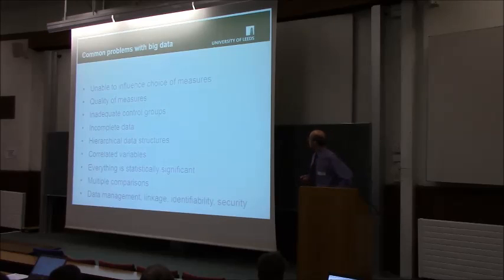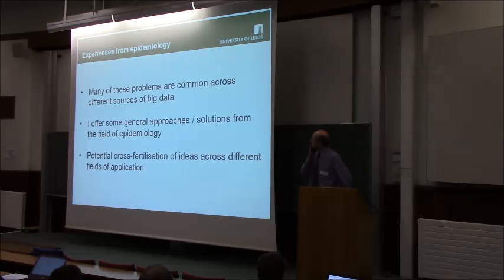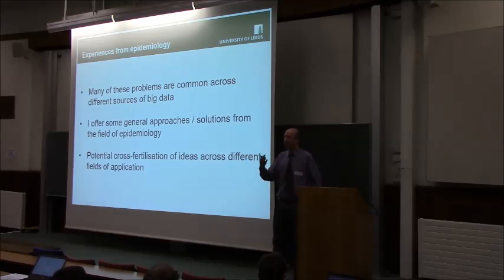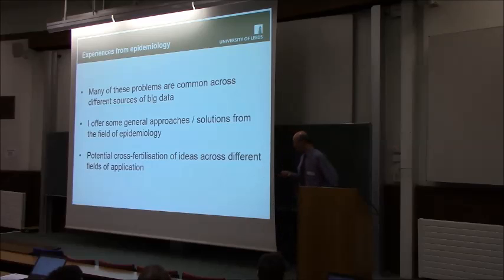So a lot of these problems are common across a whole range of different sources of big data. I don't pretend that I have the answer to all of those. I share a bit of experience briefly. But the idea is that in a network like this, we can share our own lessons and experiences and learn from others who have done things in different situations.